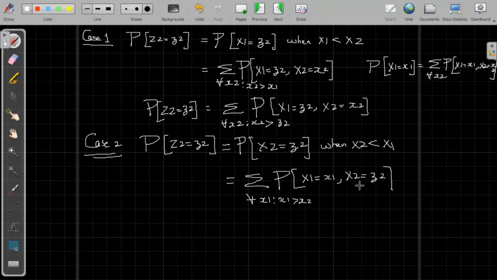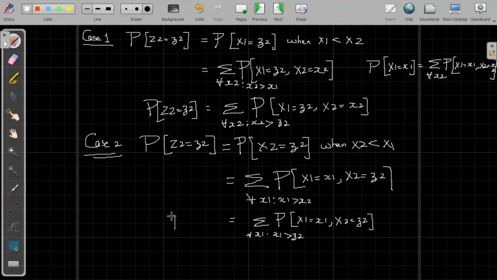Since in this case the only sample value of x2 is z2, in place of this x2 we can write z2 here. So this can be further simplified to summation over all values of x1 such that x1 is greater than z2, joint probability x1 is equal to x1 and x2 is equal to z2.